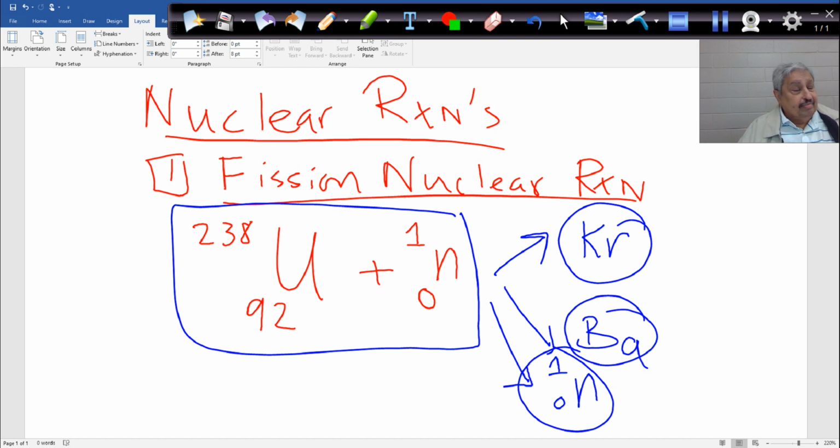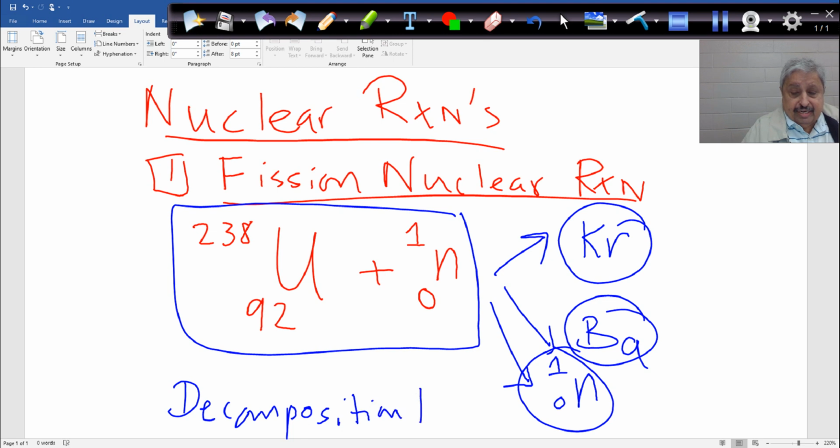When you take a neutron and bombard the nucleus of a very large isotope, we call it fission. This is very similar to the chemical reaction called decomposition, correct? Decomposition is in chemistry, not a nuclear reaction.